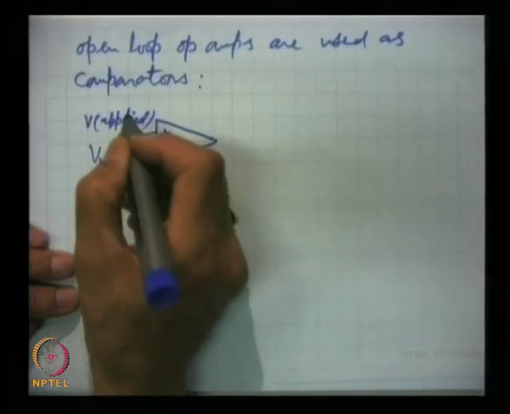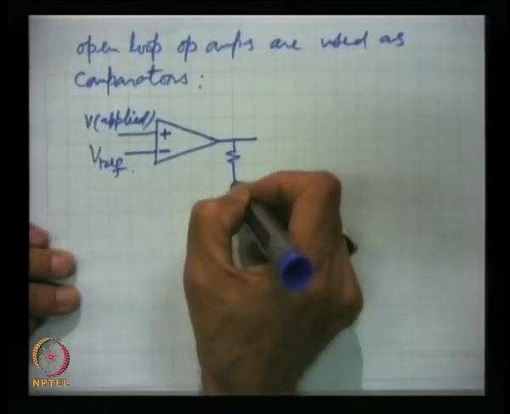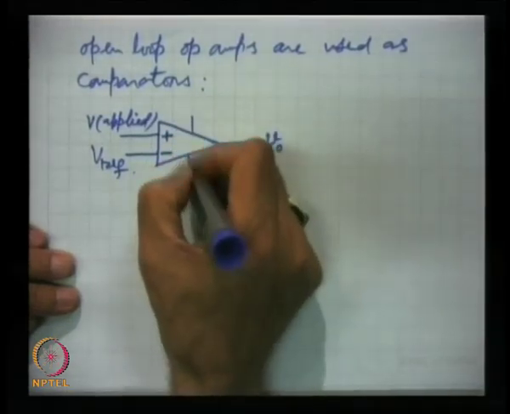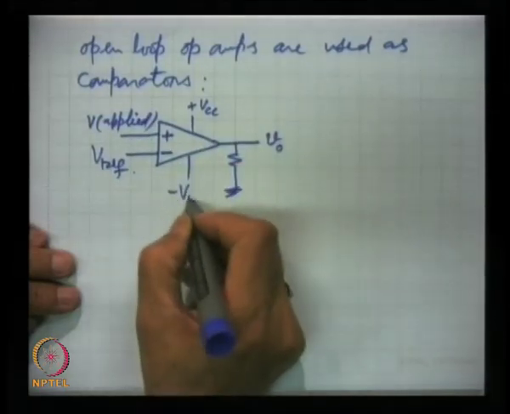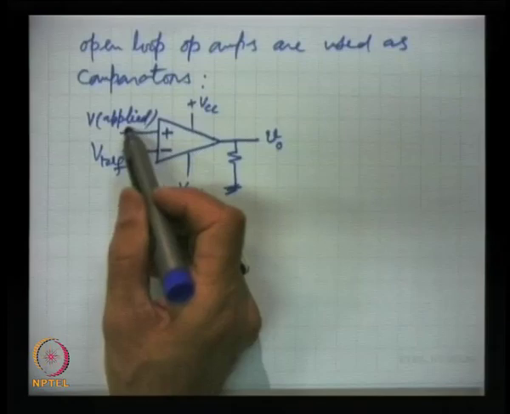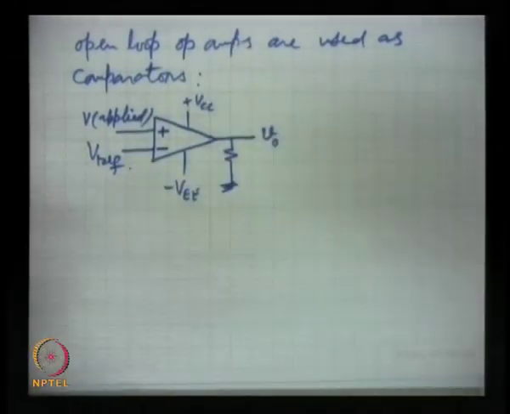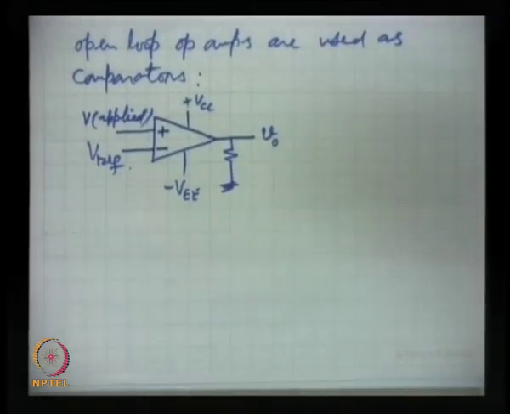Applied means the one which we want to compare. Now, as soon as this exceeds the reference, the output will saturate accordingly and the signal will be available.